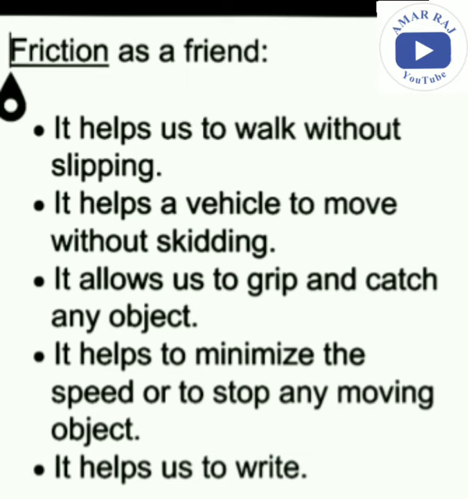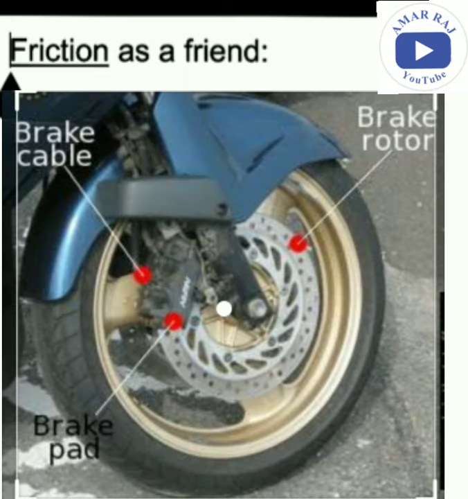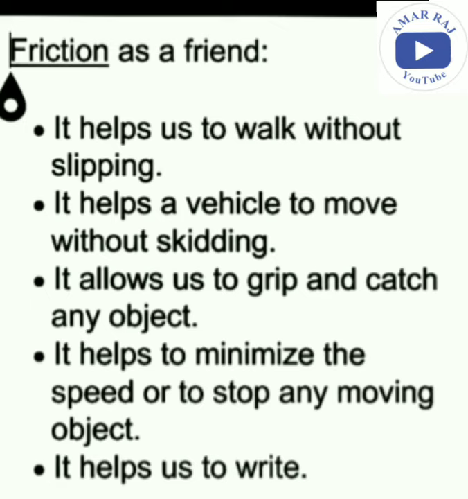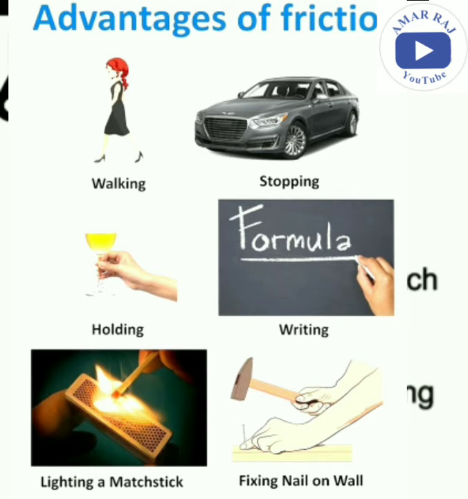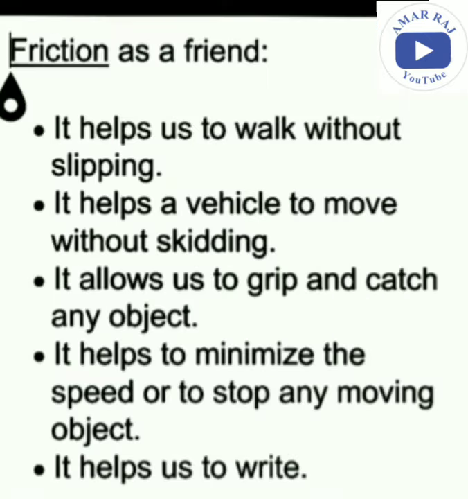We can apply brakes, or in any way we can stop an object in motion. We can stop a motion with the help of friction. Next example: it helps us to write. There are many more advantages, and you can give examples of any advantage of friction in this section to prove friction as a friend, that is, friction as a good thing.